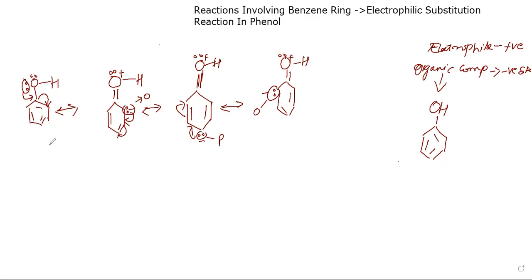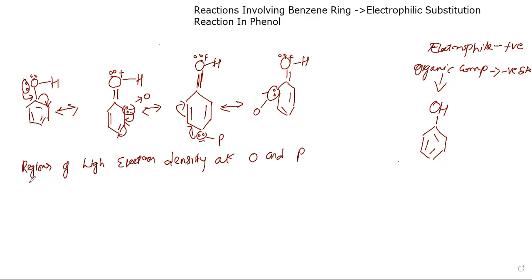So in short, what we will write is we have regions of high electron density at ortho and para. That means these negative regions are created with the help of this OH group. So basically this OH group is creating regions of high electron density at ortho and para positions of the benzene nucleus.